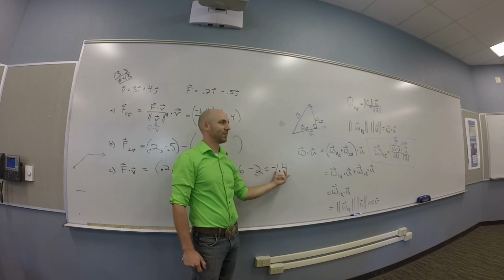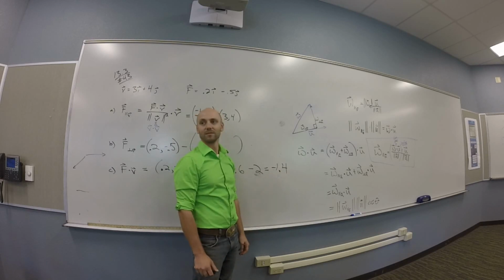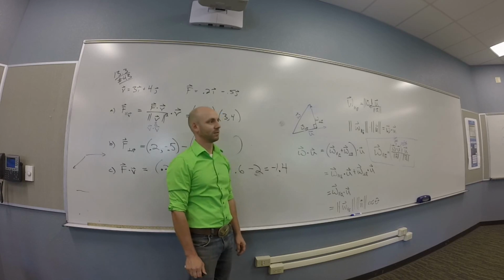So they disagree, but they're not pointed in opposite directions. They're just kind of oblique to one another. You guys cool with that? That ballparking takes a little practice, but it's in there.